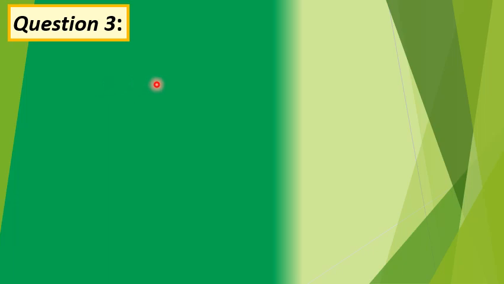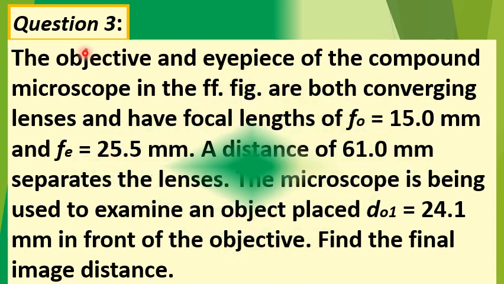For our last question, the objective and eyepiece of the compound microscope in the following figure are both converging lenses and have focal lengths of f sub O equals 15.0 millimeters and f sub E equals 25.5 millimeters.